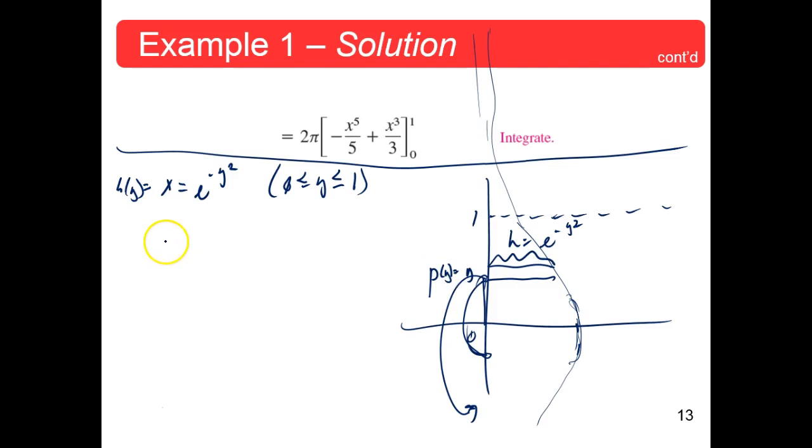So what would be your total volume? Say again? 2 pi. Good start. Integral from 0 to 1. That means your dy is going to be out here somewhere. y times e to the minus y squared dy.